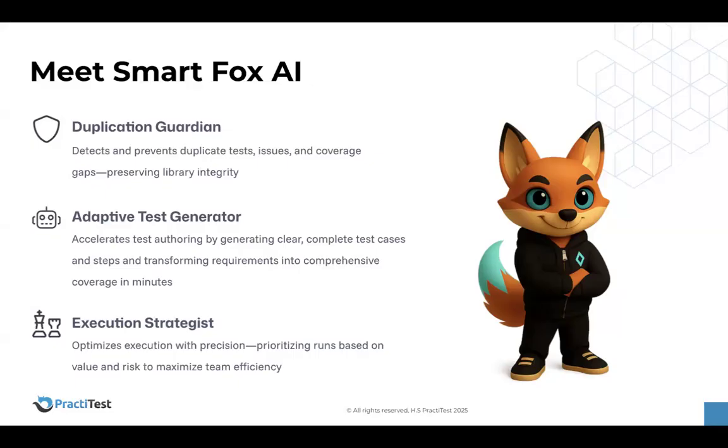And the execution strategist, which is more relevant to account owners or project managers. I'm not sure we'll be able to touch that today, but know that it exists and feel free to reach out to your customer success manager with more questions on that.